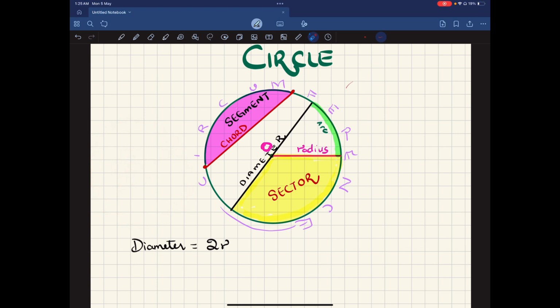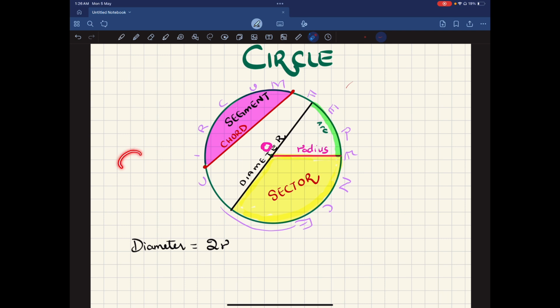However, what you need to understand is that the circumference and the diameter of a circle are always in the same ratio. The ratio of the circumference to the diameter remains the same.